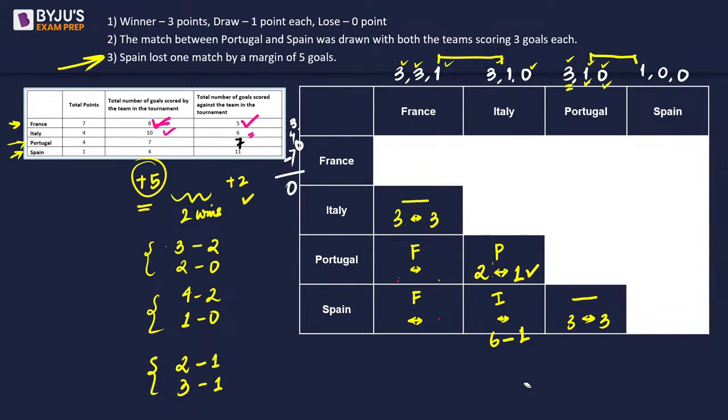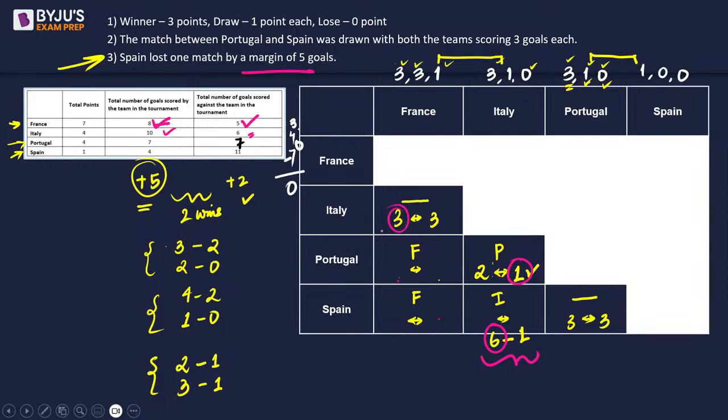And if it is not 6-1, if it becomes 7-1, why 6-1? 2 reasons, everyone. Remember, a margin of 5 goals will come only from the match between Spain and Italy. This is the only place where this will happen. And the other thing being the number of goals that Italy has to score is 10, right? 6 plus 1 is 7, 7 plus, let's say Italy is this one or the other one, doesn't matter. This is 10. If I make this 7, then the match between Italy and France will not get drawn.